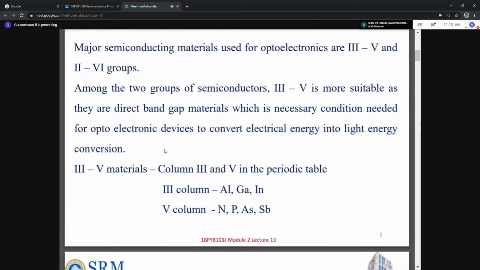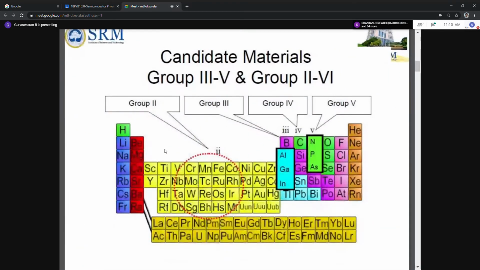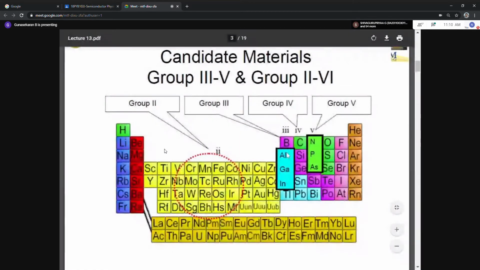So where are these materials in the periodic table? In group 3: aluminum, gallium, indium, and in groups 4 and 5: nitrogen, phosphorus, arsenide, antimony, bismuth. Along with these, group 2 materials are also used, especially zinc, which is a very important application here: zinc selenide.